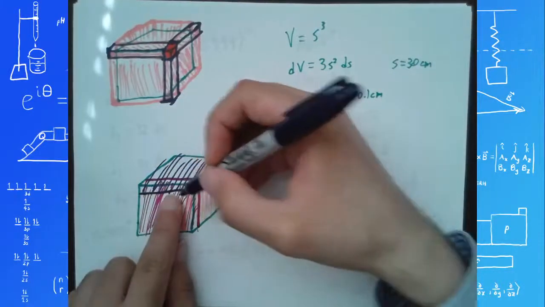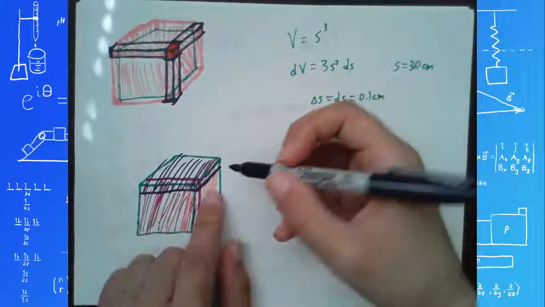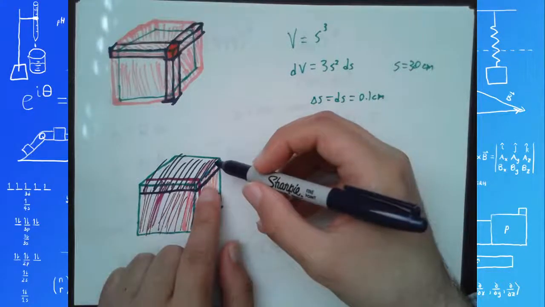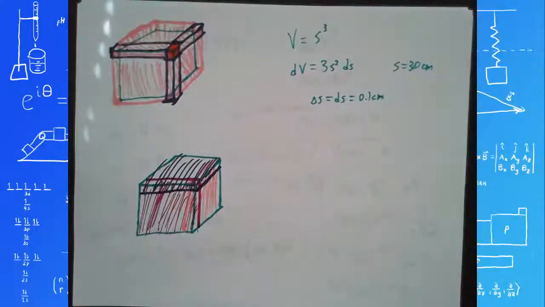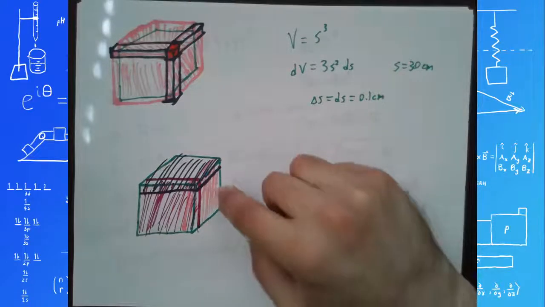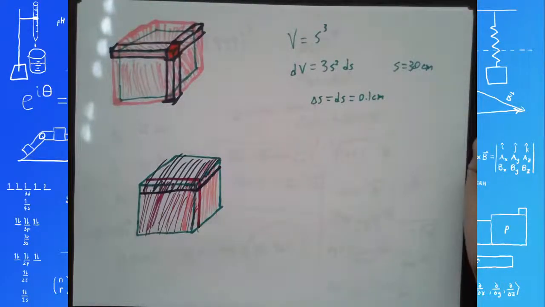This bar has been counted twice, that bar has been counted twice, and because of the overlap between navy blue and pink, that bar has also been counted twice. So dV in this case would overestimate the amount you need to subtract from 30 cubed in order to get 29.9 cubed.